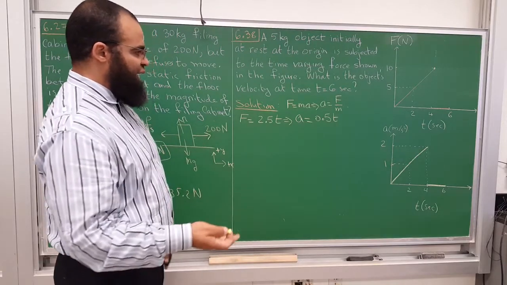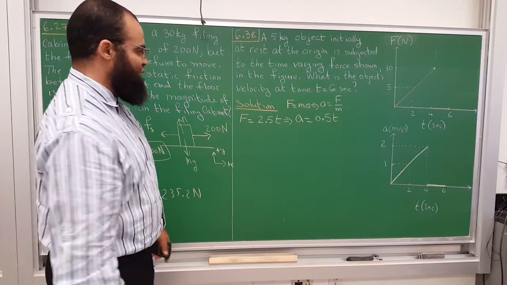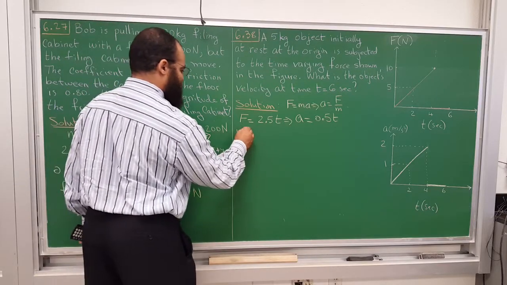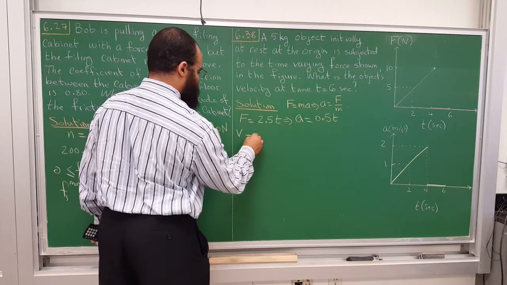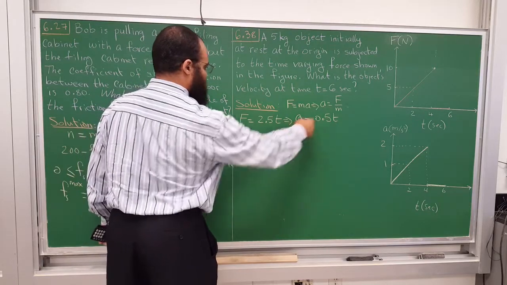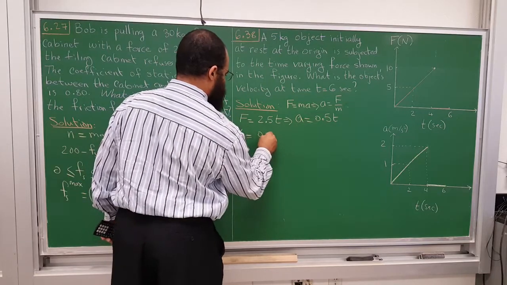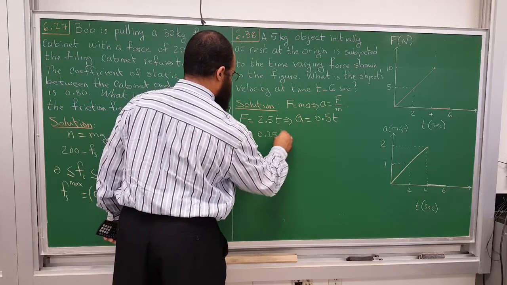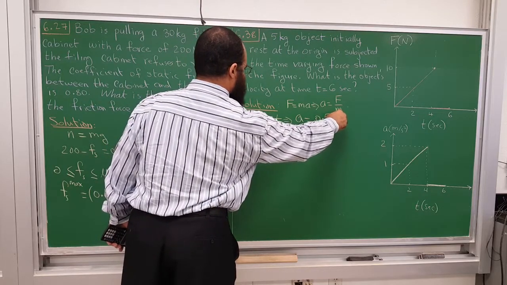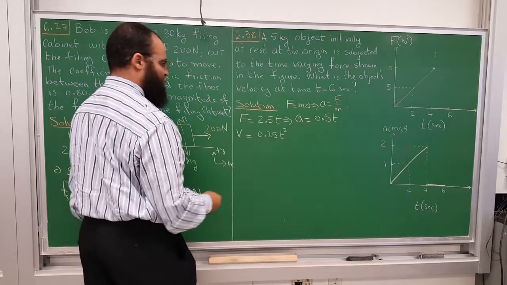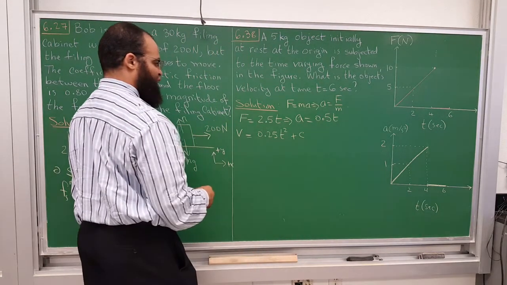The velocity is the antiderivative of the acceleration. I'll do it the hard way, and then I'll tell you the easy way. So the velocity would just be the integral of acceleration. What's the integral of this? It would be 0.25 t squared, right? So this becomes a 2, and you have to divide by a 2, and then plus some constant, because it's just the antiderivative.